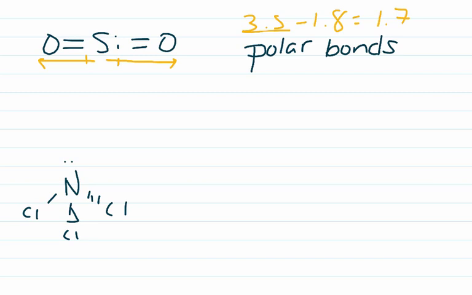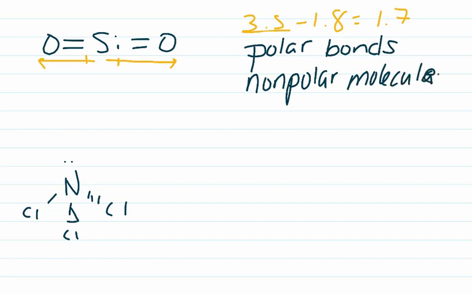If you were to play tug of war and both sides of the rope were pulling equally and exactly opposite of each other, the rope wouldn't go anywhere. Since the rope doesn't move, the molecule overall is nonpolar. If one of them were to pull stronger than the other, then it would be a polar molecule.